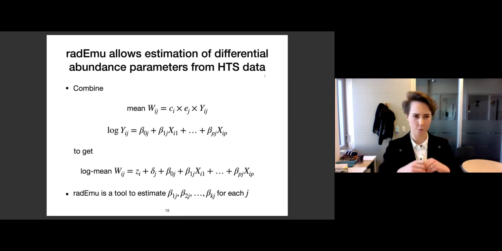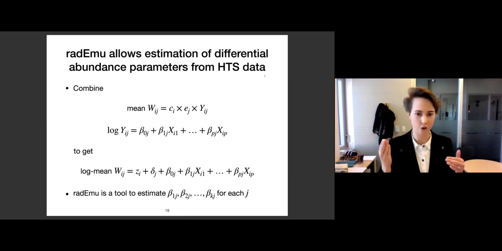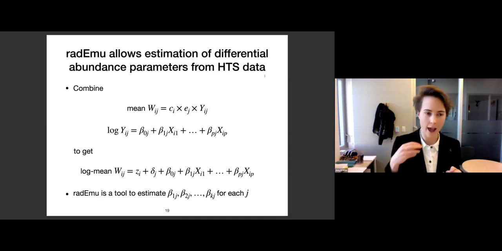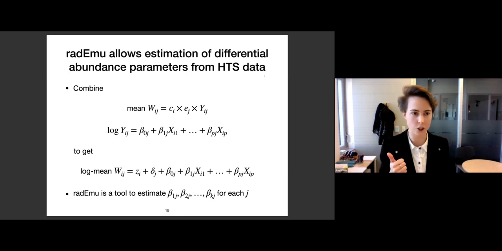So the one slide version of the hour-long talk on RADEMU is that we're going to combine those two models that I've introduced so far. The first is that if we take away the noise component, our average observed data, let's say the sequencing depth aligned to genome J in environment sample I, is the product of my sample-specific detection effects, my category-specific detectability effects, and these true unknown microbial abundances.